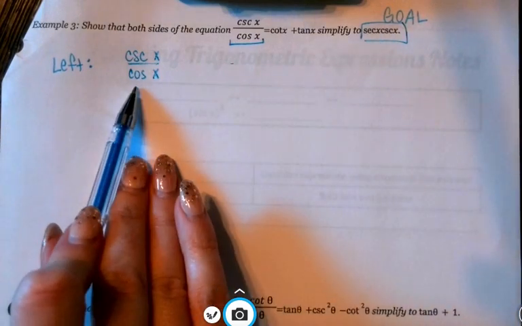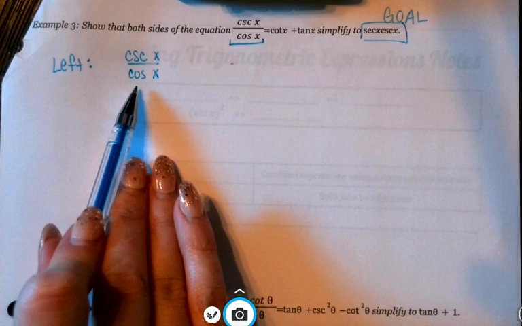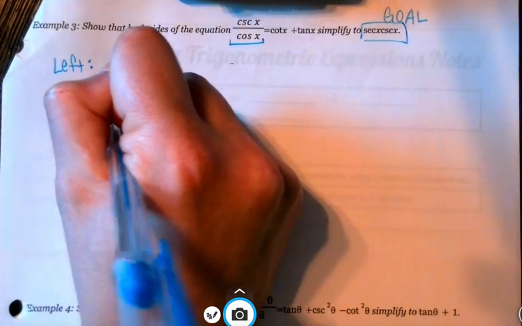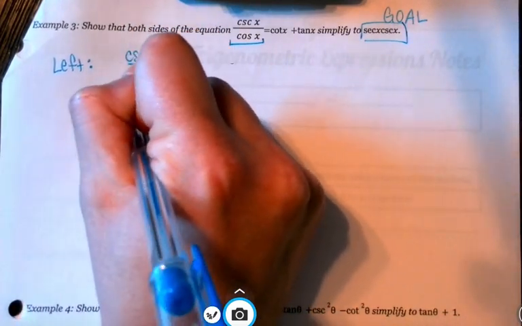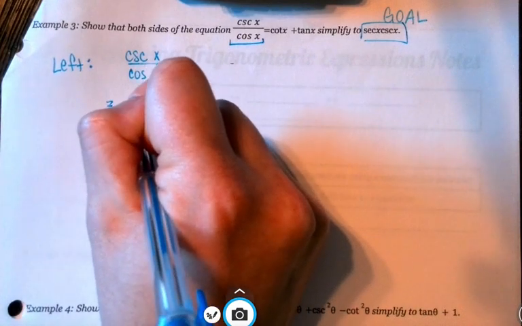Trying to get here. So I do have cosine in my denominator. Right now, I'm going to leave that there, but I know that I can rewrite cosecant. So in the next row, I'm going to rewrite cosecant, which is 1 over sine, and then I still have cosine in my denominator.